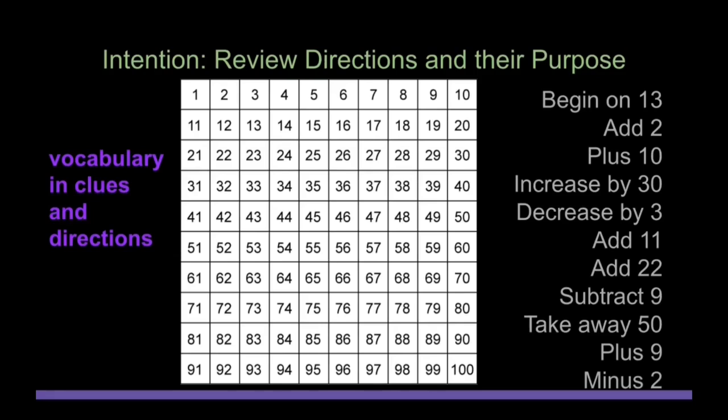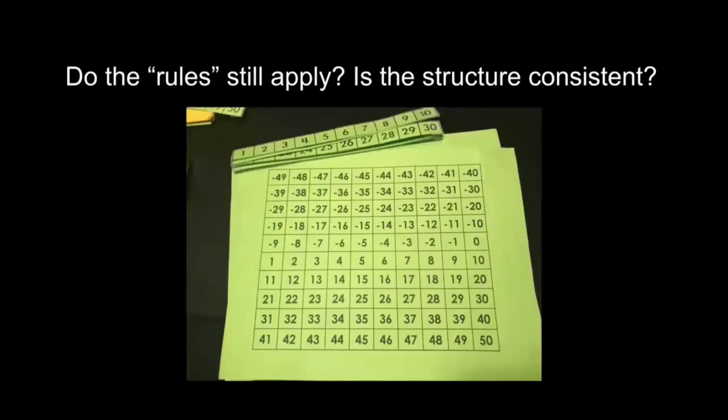And we're just really playing with the structure of not only place value, but of number lines and hundreds charts, right? So I have a question for you and a comment here. So the question is going to be, do the rules still apply? Is the structure consistent? And it better be if it's math. But what happens when we move to a different place on that hundreds chart or on that number line?